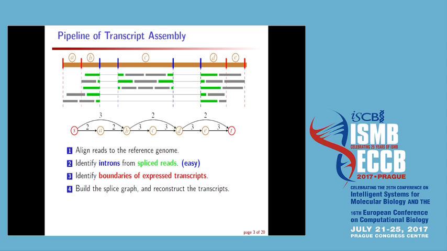But it's very hard to identify the boundaries of expressed transcripts because we don't have such strong signals. In order to identify this start boundary, the only information we have is that around this position, the coverage increases. But this signal is very weak and noisy. So the task of our work is to identify the boundaries of expressed transcripts from the read alignments.